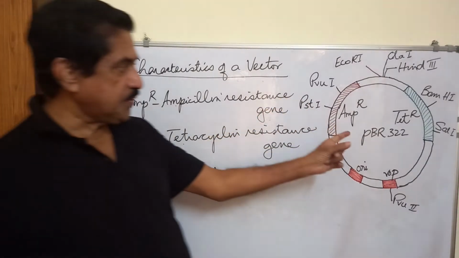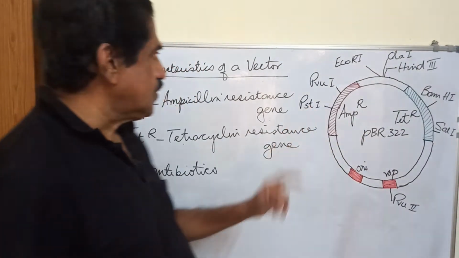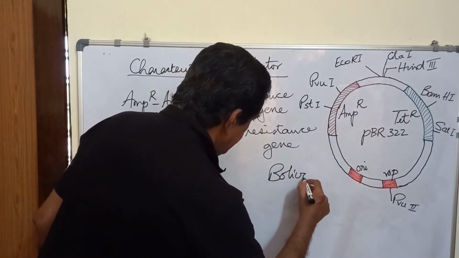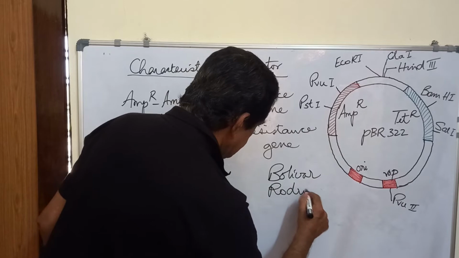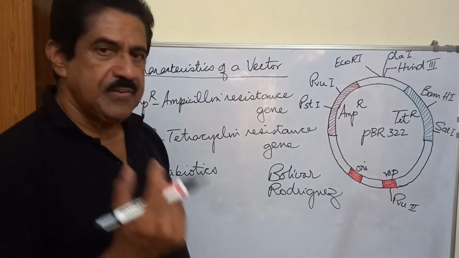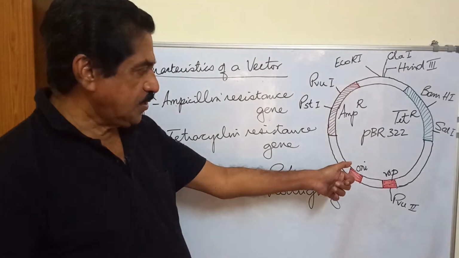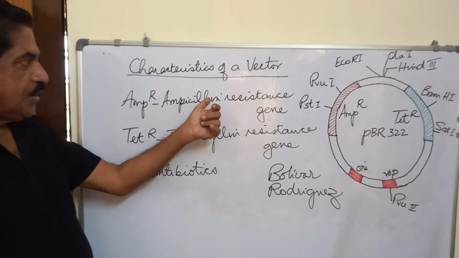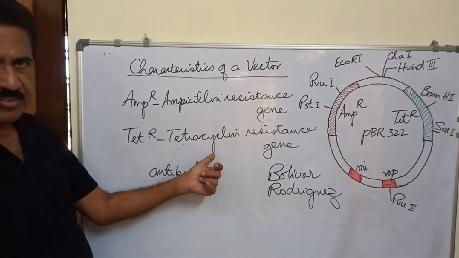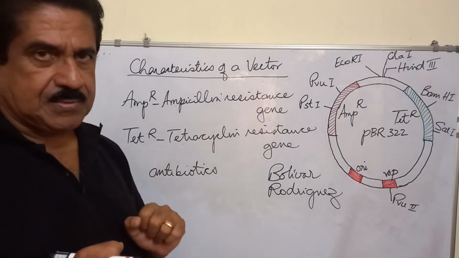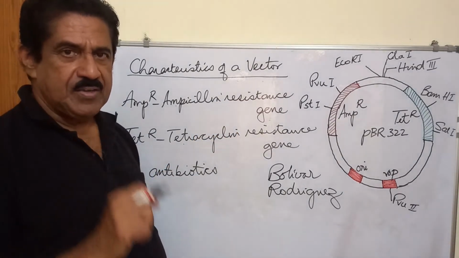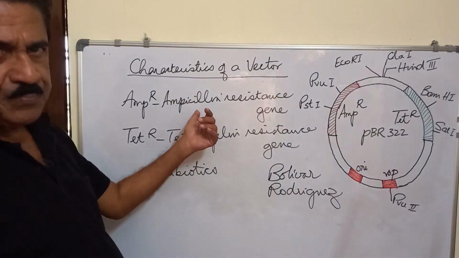pBR322, created by two scientists, Bolivar and Rodriguez, has two genes from other E. coli introduced into the plasmid: the ampicillin resistance gene and the tetracycline resistance gene. The ampicillin resistance gene produces an enzyme that breaks down the antibiotic ampicillin.